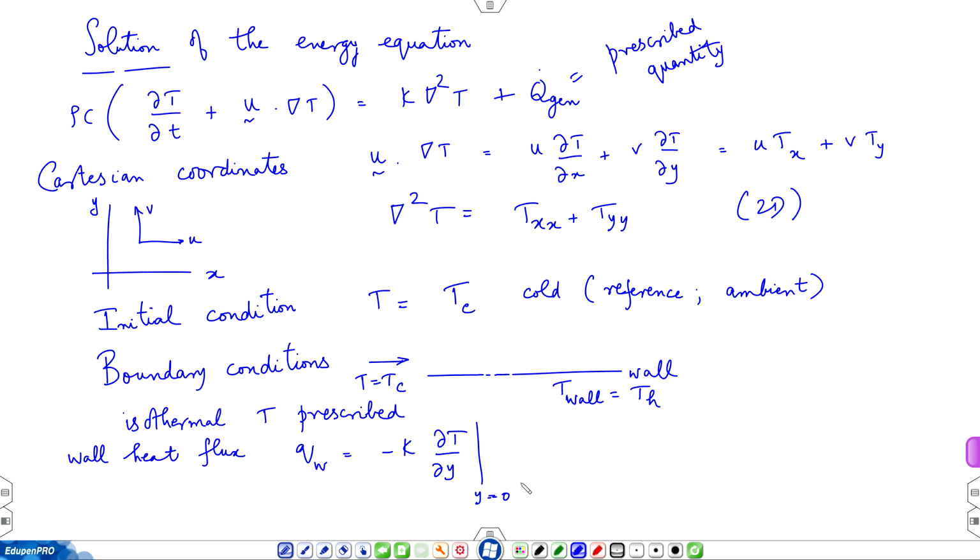This is another type of boundary condition. You are really prescribing the derivative of temperature at the wall.